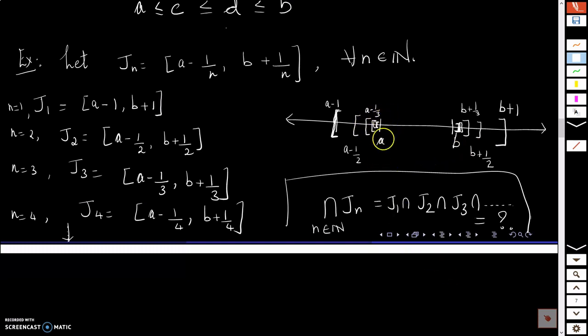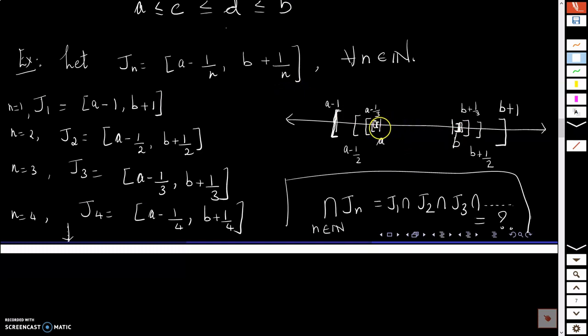It will never come to A. That means the point A will definitely be there in all these intervals because none of the endpoints will come towards A. Similarly, the endpoints from the right won't come towards B, because to come to B, 1 by n should be 0, and that is never 0 for any natural number n. So B will also be in all of them.